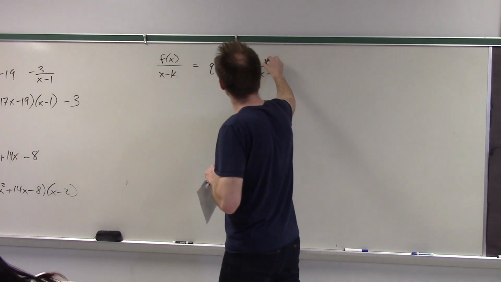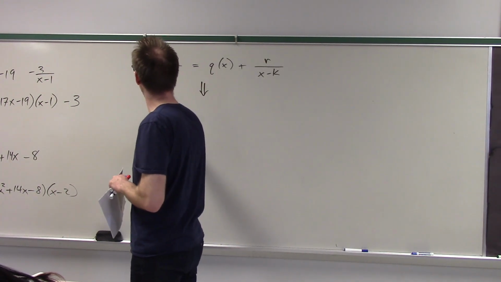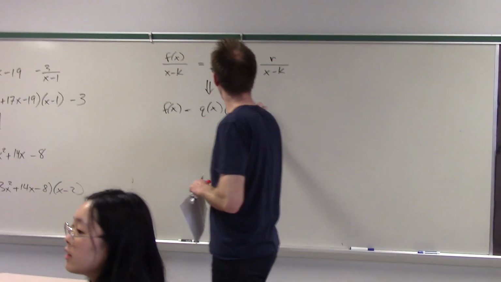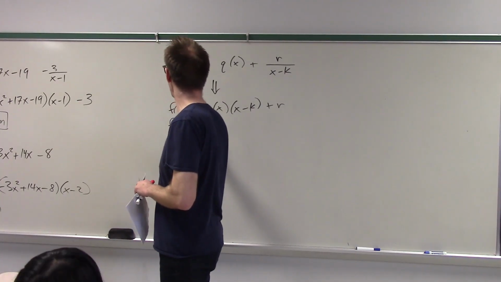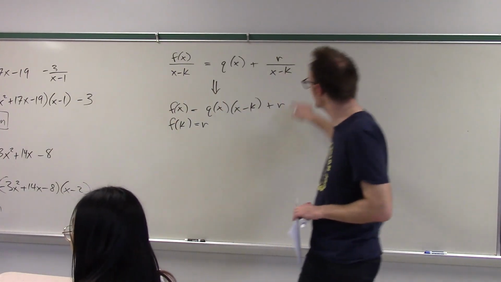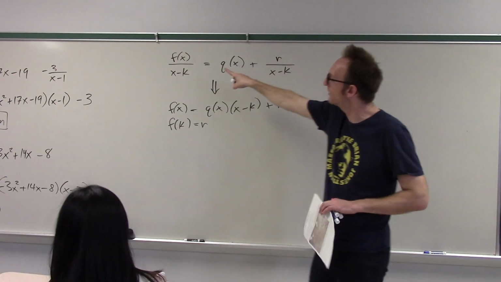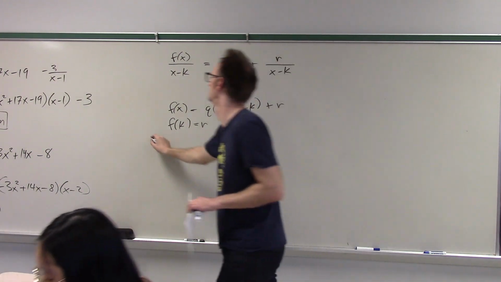Degree 0, in other words, it's a number. And so if you then multiply that through by x minus k, then this is a more clear proof of the remainder theorem. f of k is r. The remainder after dividing a polynomial by x minus k is the value of f at k.